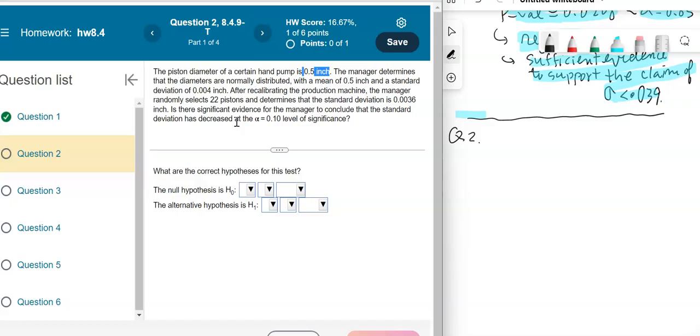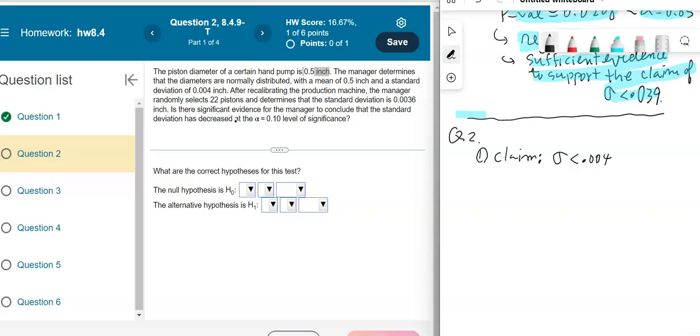So, in other words, the claim is the standard deviation has decreased. Decreased from what? The old one was 0.004, and 0.0036 is the new standard deviation.